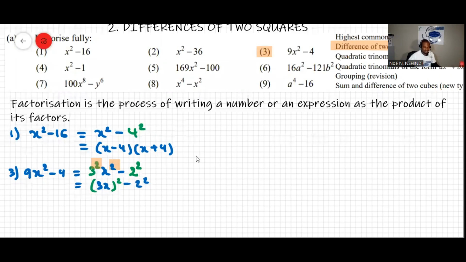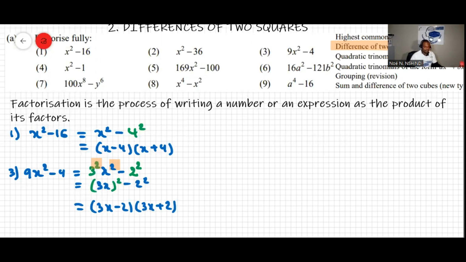So we have (3x) squared minus 2 squared, and this will then be (3x minus 2)(3x plus 2). We can also say (3x plus 2)(3x minus 2). It doesn't matter.